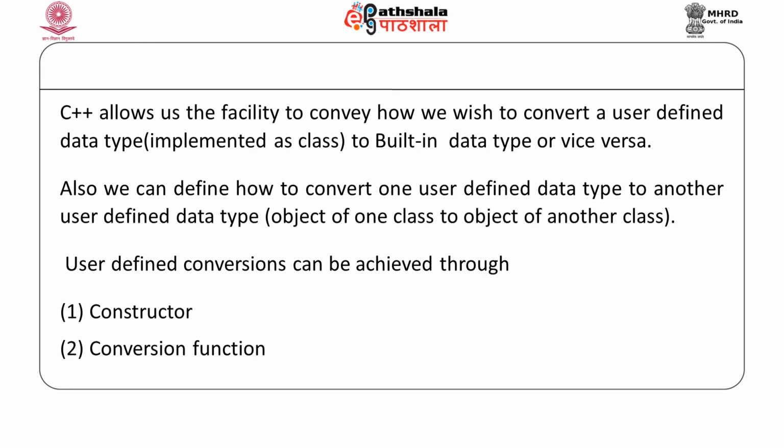So, C++ allows us the facility to convey how we wish to convert a user defined data type that we have implemented as a class to a built-in data type, or vice versa. Also, we can define how to convert one user defined data type to another user defined data type. We can implement these user defined conversions with the help of a constructor or a conversion function.